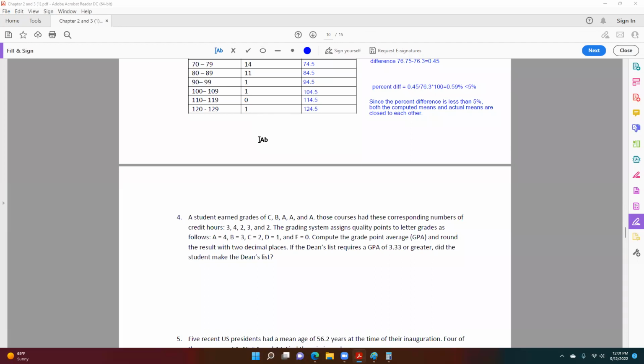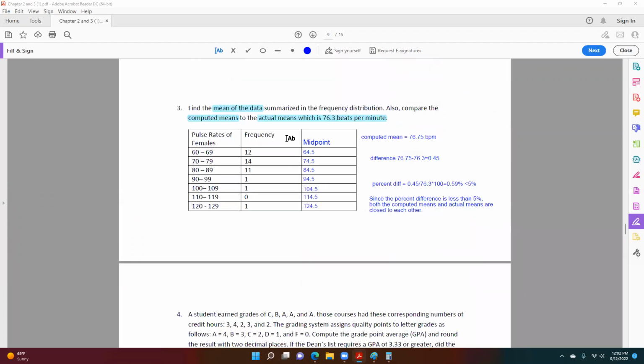Question 4. A student earned grades of C, B, A in this course with a corresponding number of credit hours of 3, 4, 2, 3, 2. Yeah, everything we do in this class will possibly be questions that come up in your exam. And if I put questions in your exam, it won't be exactly the same. If, let's say, number 3, it won't be exactly the same.